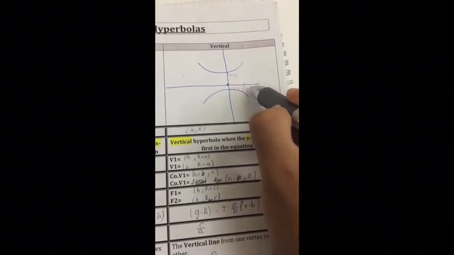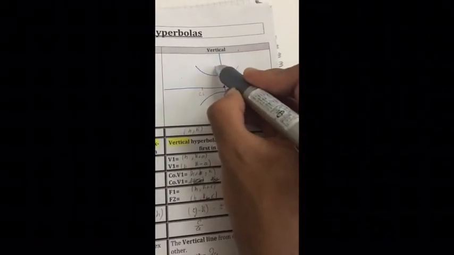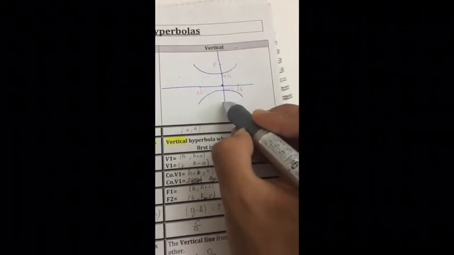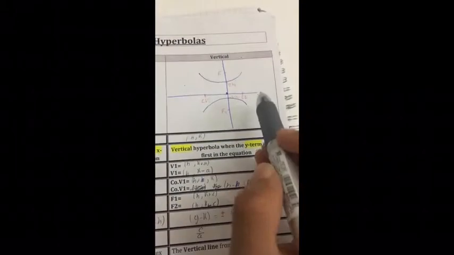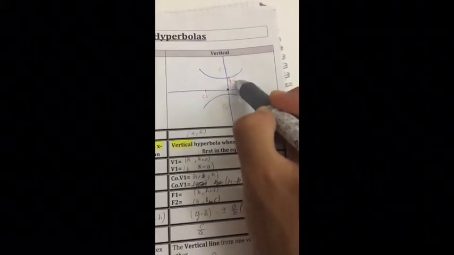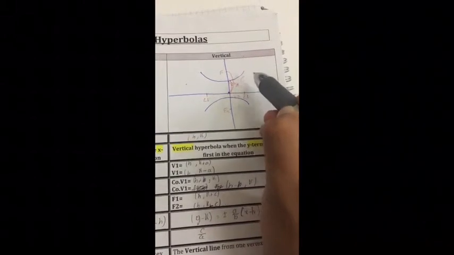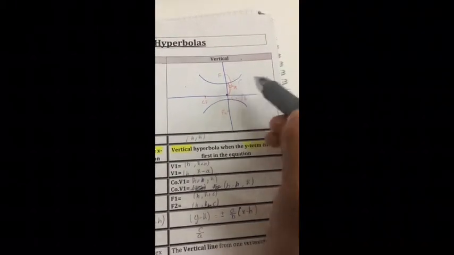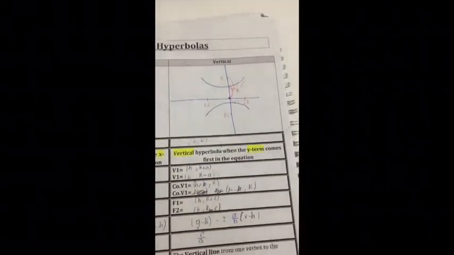CV1 will be here, CV2 will be here, F1 is here, F2 is here. As we know, the distance between V1 and the center is called a, F1 and the center is c, and CV and the center is b.